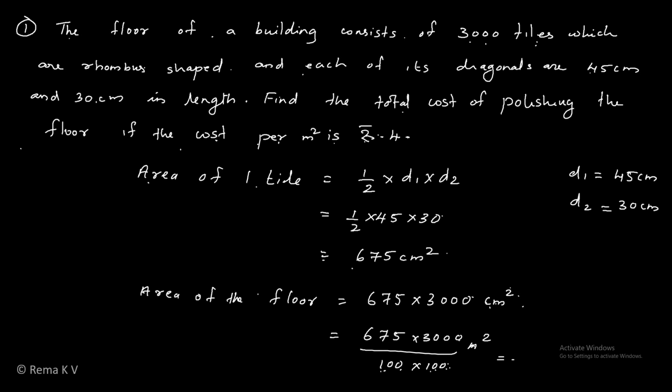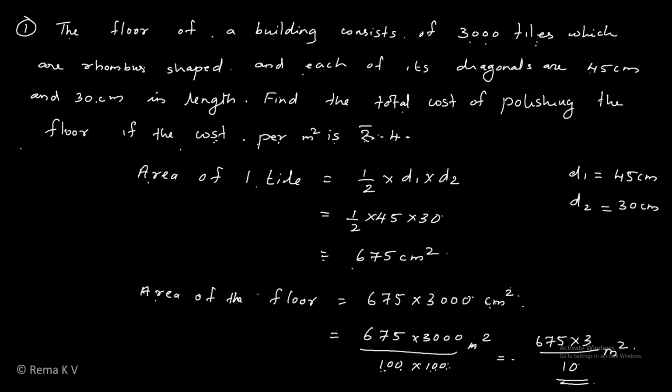So cancelling these two zeros and here 1 0, you will get this as 675 into 3 divided by 10 meter square.